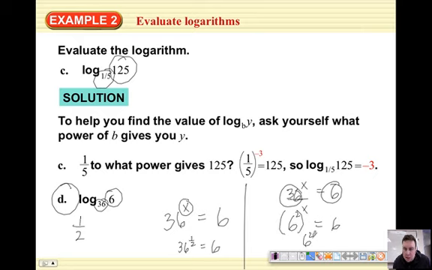So 6 to the 2x equals 6 to the first. Look, they're both the same base, which means 2x has to equal 1. So I write that down: 2x equals 1, which means divide by 2, x equals 1/2.